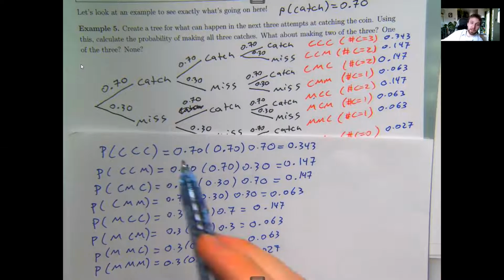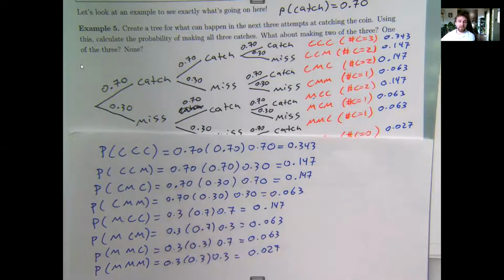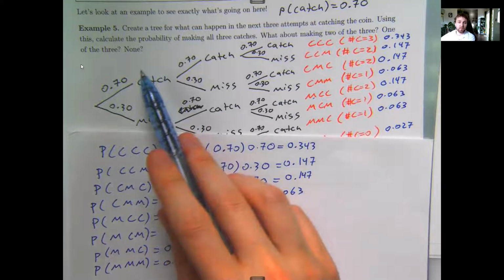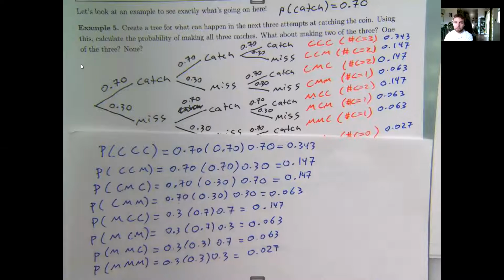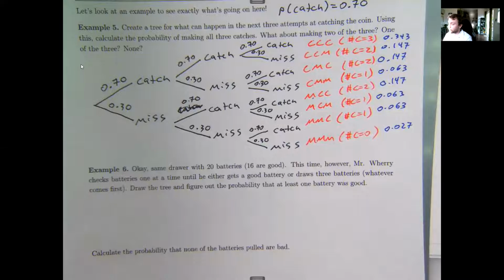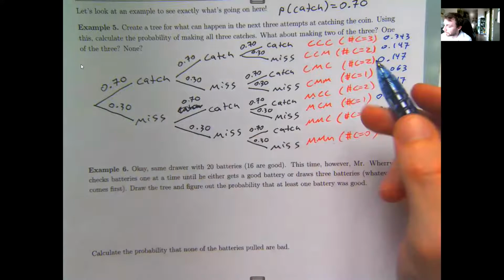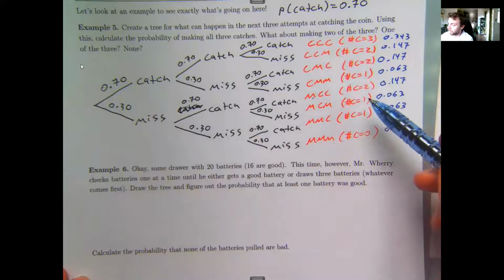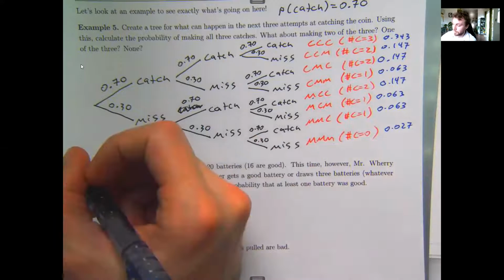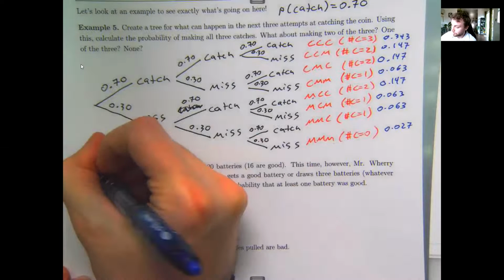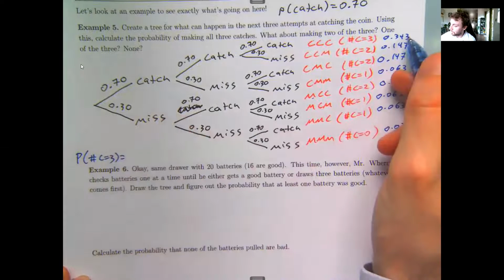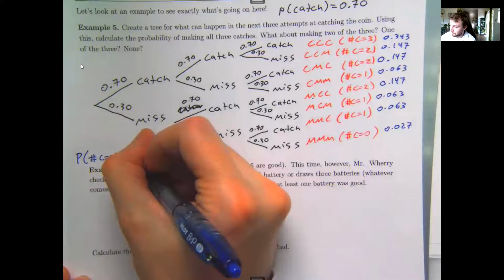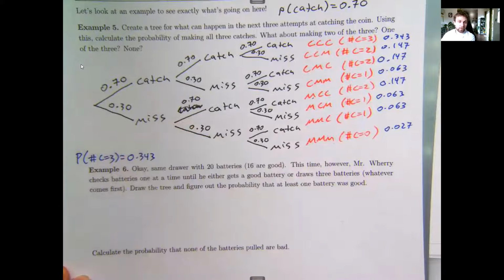The tree helps make sure I don't lose any of these sequences. When I'm using the tree, when I'm using the sequences, you are multiplying the numbers along the way. If you see multiple spots in the tree that work, when you're trying to find the probability of 3, 2, 1, or 0, you're going to add up all those results. So the probability that you get 3 catches only showed up here at 34.3%.